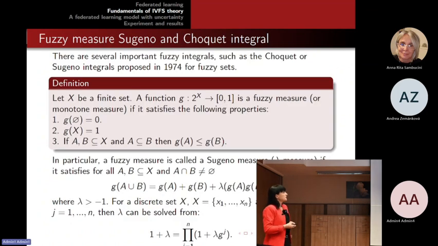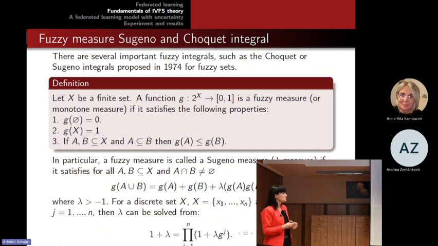Now we go to our main result, because I said that we will compare the effectiveness of different aggregations. In the first models, only the standard arithmetic mean was used for aggregation of the different learning models, and usually this aggregation was used.